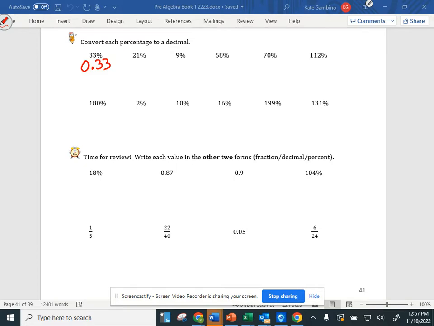What about 180%? What would that decimal look like, Evelyn? 1.8. You could put 1.80, and it's the same value. So 1 and 80 hundredths, or 1 and 8 tenths, they mean the same value. So either way is acceptable. Either way is going to be a correct answer.